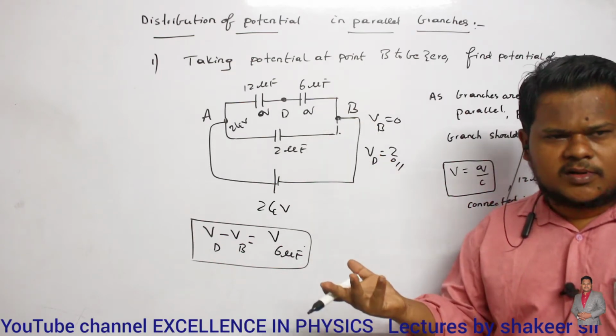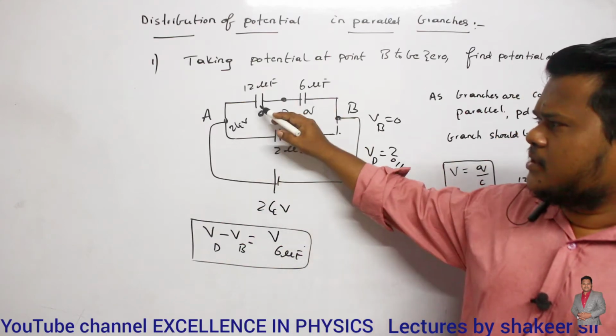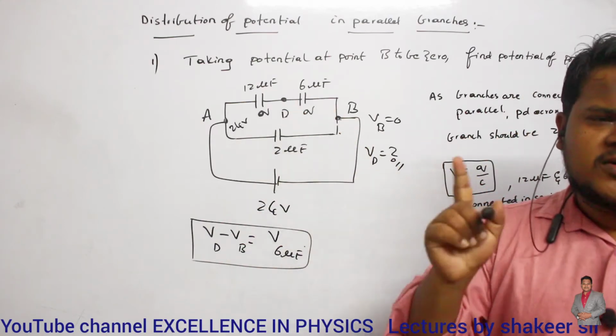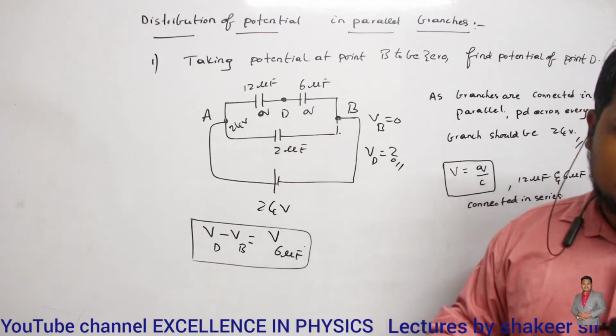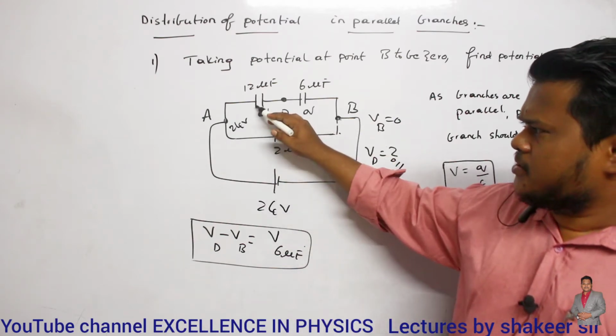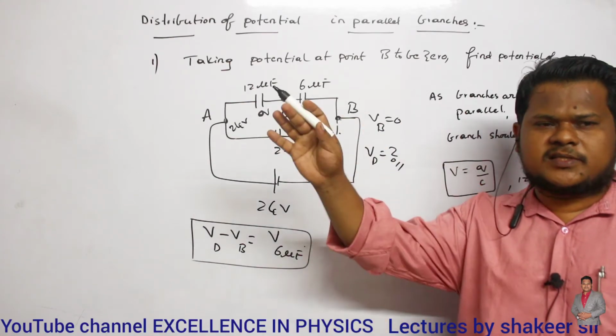That is the concept of series combination. Already we have studied that charge is supplied only to the first plate of the first capacitor. All the remaining charges will be induced charges. So the charge present on the first capacitor will be the charge present on every series capacitor also.